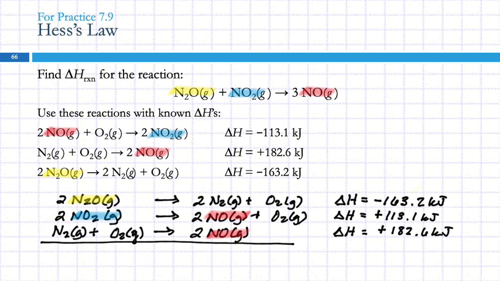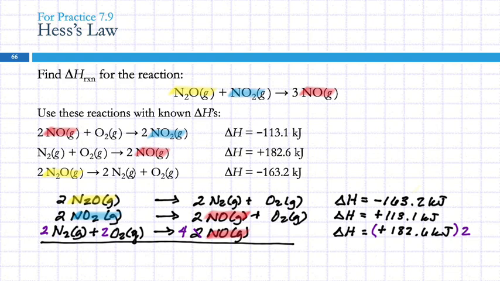We could multiply by 2. So let's multiply that bottom equation by 2. This becomes 4. I'm multiplying the equation by 2. What do I multiply delta H by? Same number, 2.